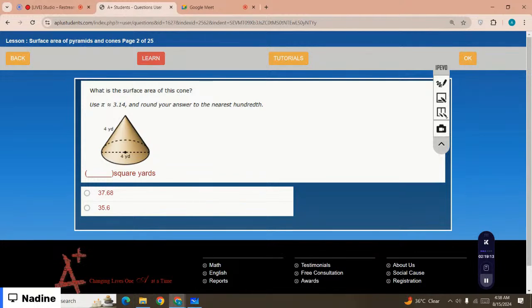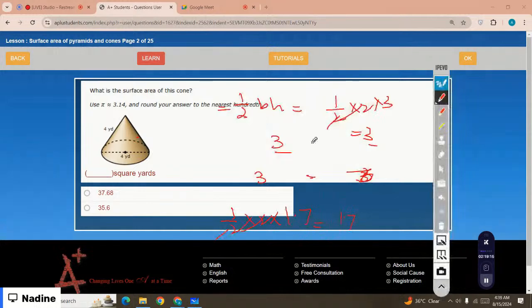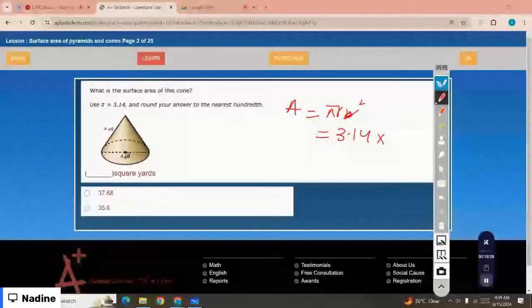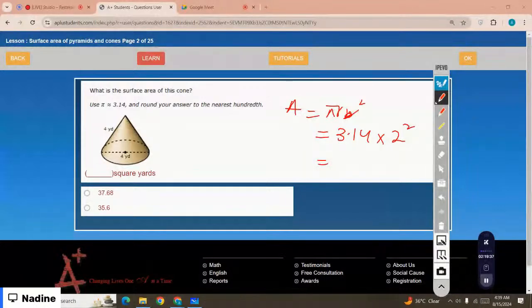The area of the circular face is pi r square. Pi is 3.14. The diameter is 4, so the radius is 2. 2 square is 4, 4 times 3.14. The correct option is 12.56.